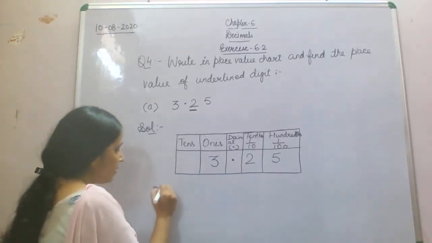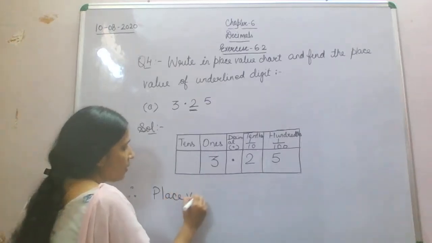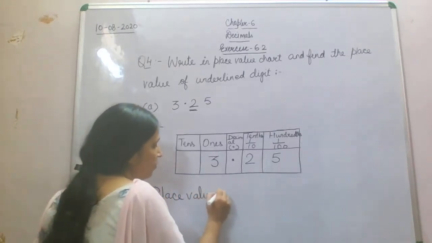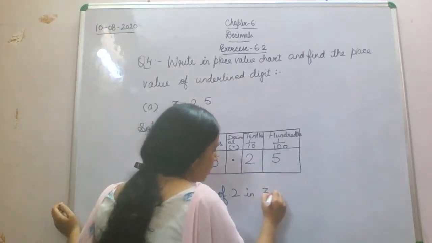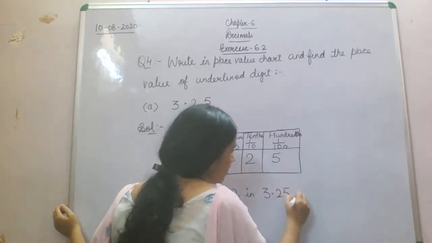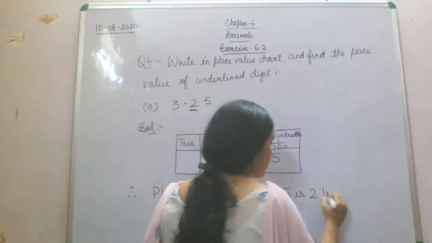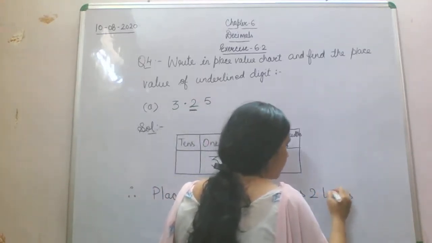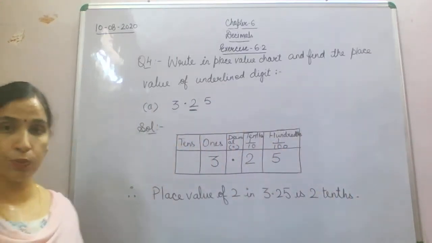Therefore the place value of 2 in 3.25 is 2 tenths. So let's see this question once again.